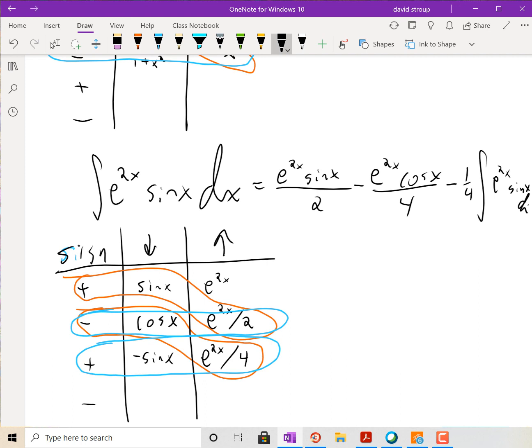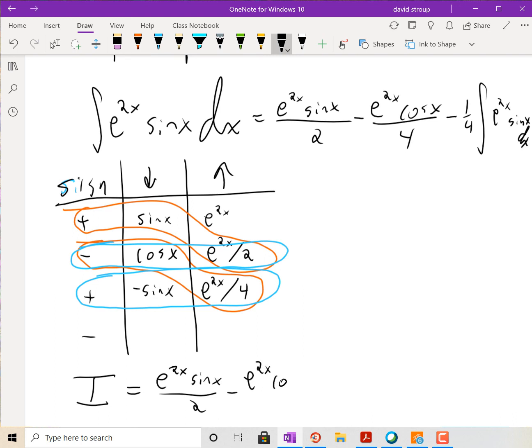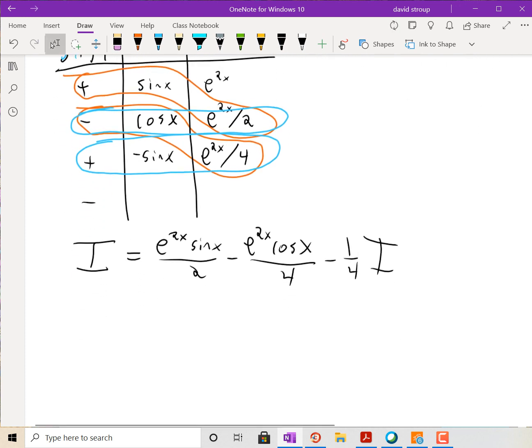In those cases, you have to replace it with an I. So I'll just call the integral of e to the 2x sine x dx I. On the other side, I have all this junk. And then solve for I. And that should be your answer. So if I add that to the other side, 4/4 plus 1/4 is 5/4.